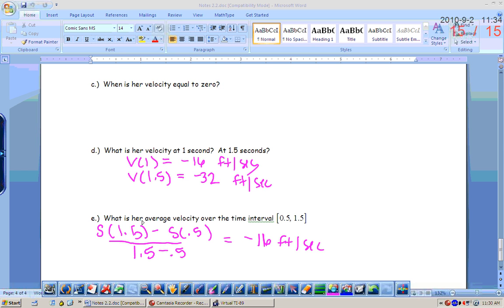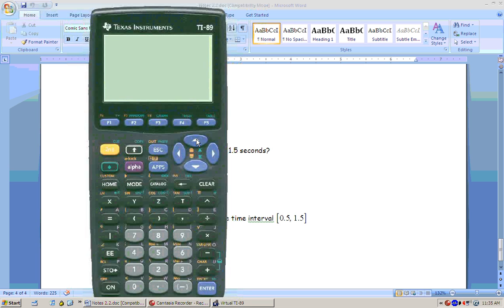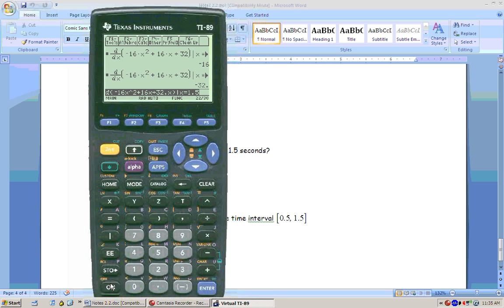Okay, if you're trying to find s of 1.5, my suggestion is, because you have to find s of 0.5 and s of 1.5, this is a good calculator lesson. What I'm going to do is copy the equation again. Copy. I'm going to go to the home screen and paste it with x equals 0.5.